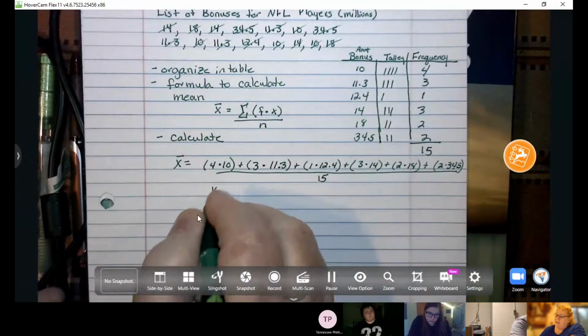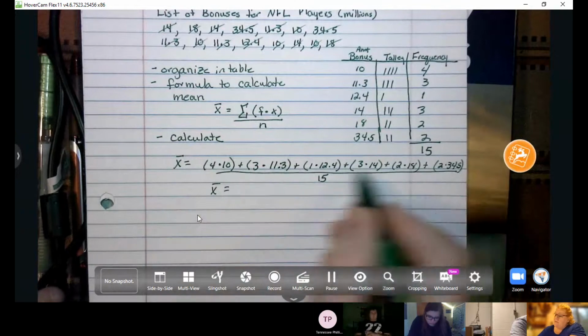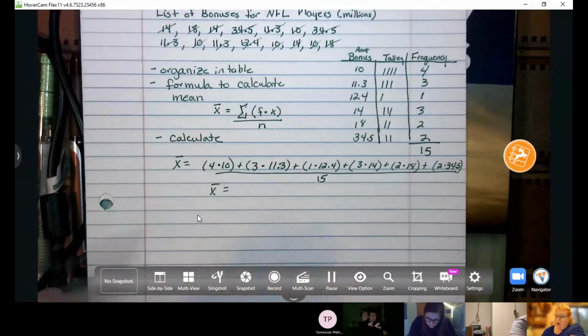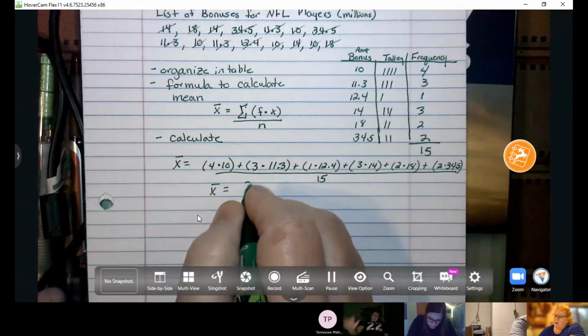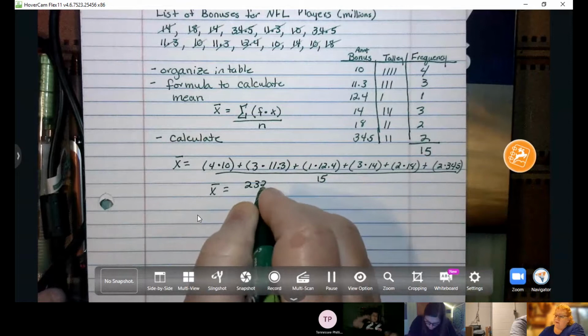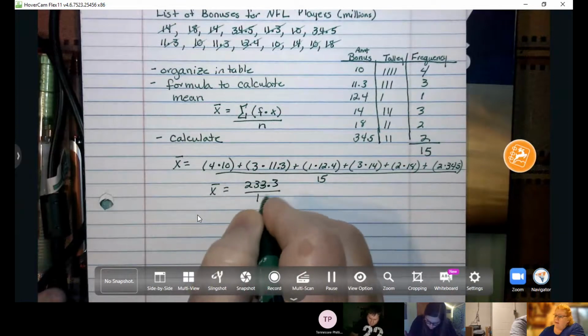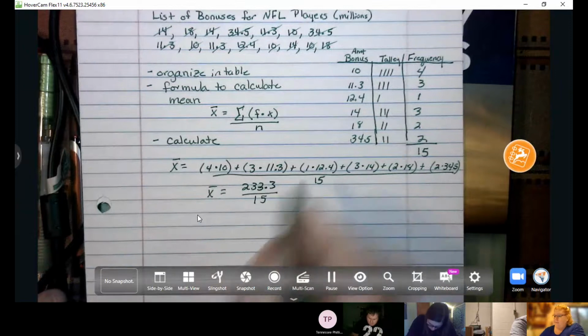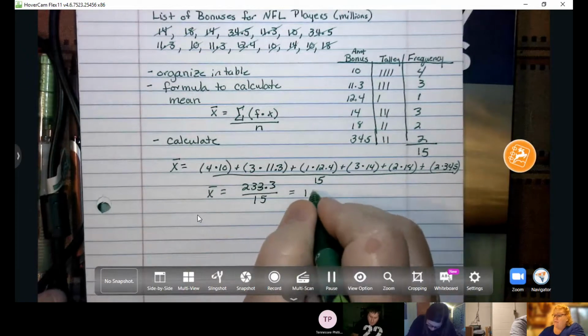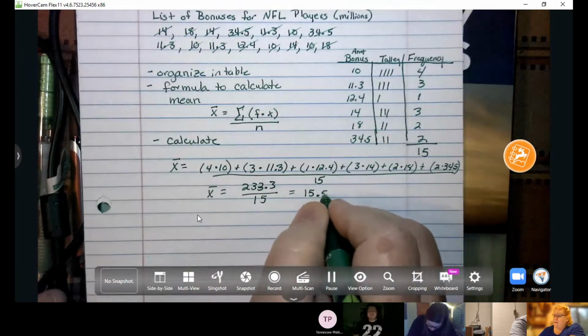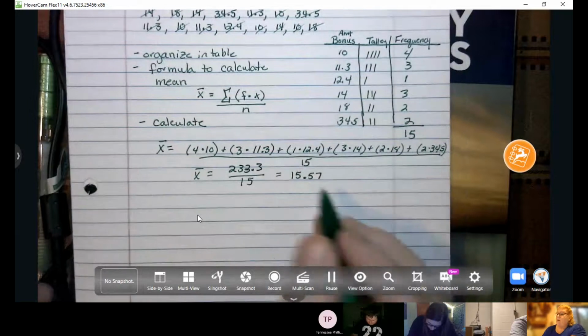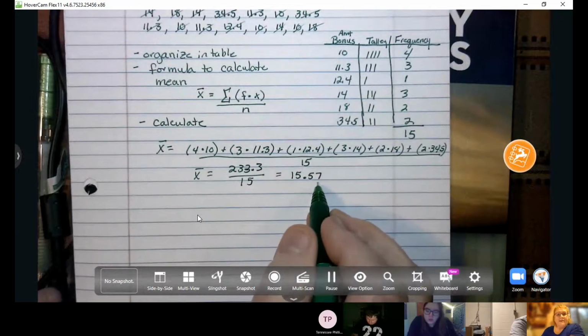So as we continue, when we do all that calculation on top, we get 233.3 divided by 15, which is going to give us 15.57. Now, why do we go 2 places past the decimal?